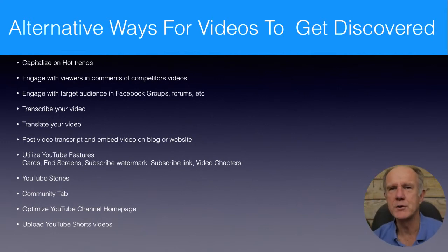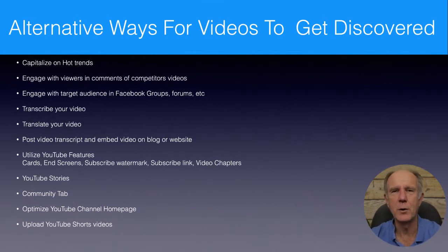You can also optimize your YouTube channel homepage so that your videos get discovered. Your channel homepage is so crucial because people see your channel banner, they watch your channel trailer, and then if they want to take a deeper dive into your content, they can explore the videos and your playlists that are contained within the sections on your channel homepage.